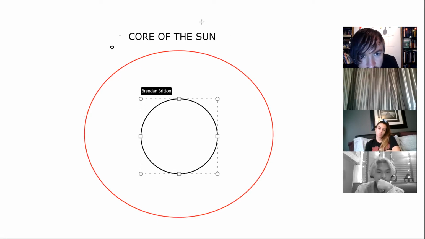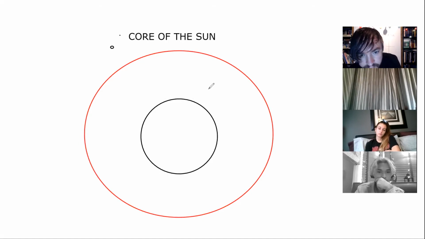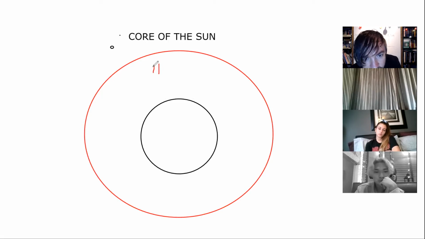Okay. So, bear with me here. The core actually has multiple layers to it. In the outermost layer, you have a layer of hydrogen to helium fusion that's happening by the proton-proton chain. But I want you guys to remember, what is the difference between a hydrogen versus a helium nucleus, right?